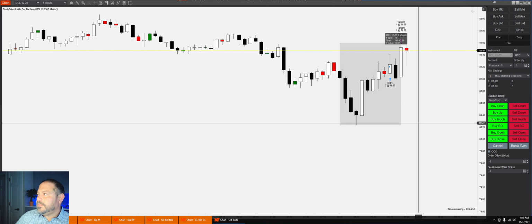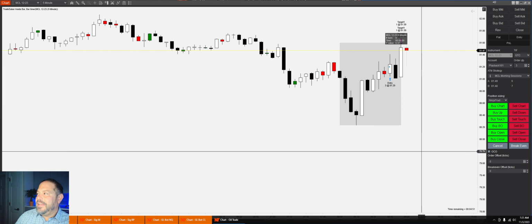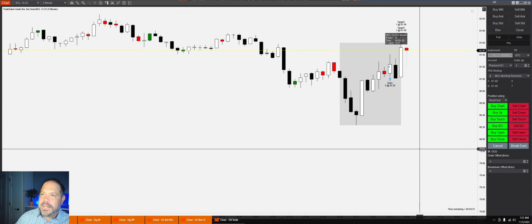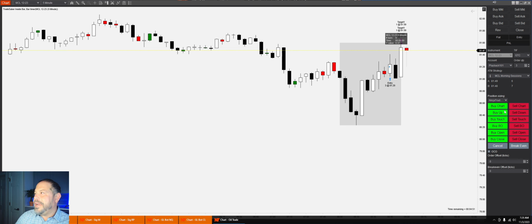And if you guys know my NQ strategy that I put out there, which is a super popular strategy, on my 15-minute candlestick pattern that I'm looking at on the NQ, hopefully you'll realize how important this is, because on that strategy I specifically use the buy up and sell down.